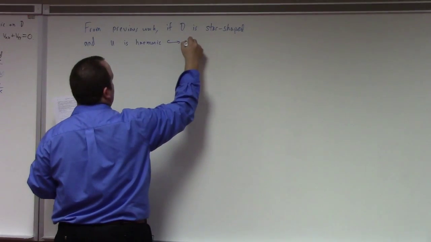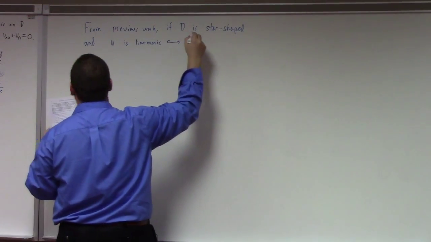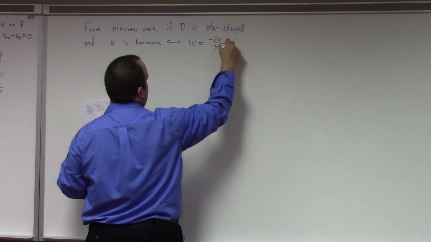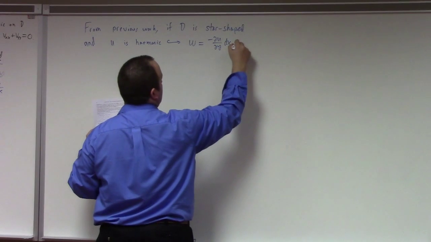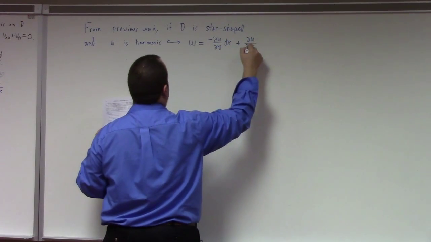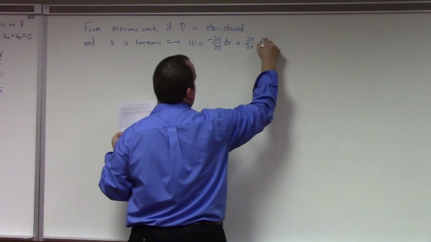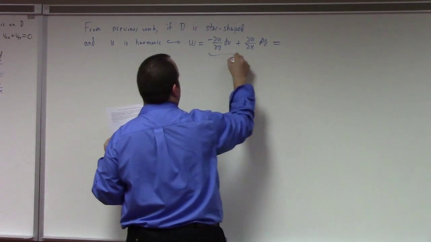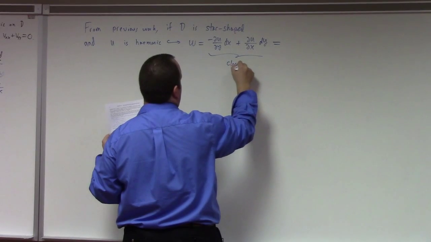This corresponding form, minus partial u partial y dx plus partial u partial x dy, is closed. So if this is closed, and it's a star-shaped domain, what does that tell us also?